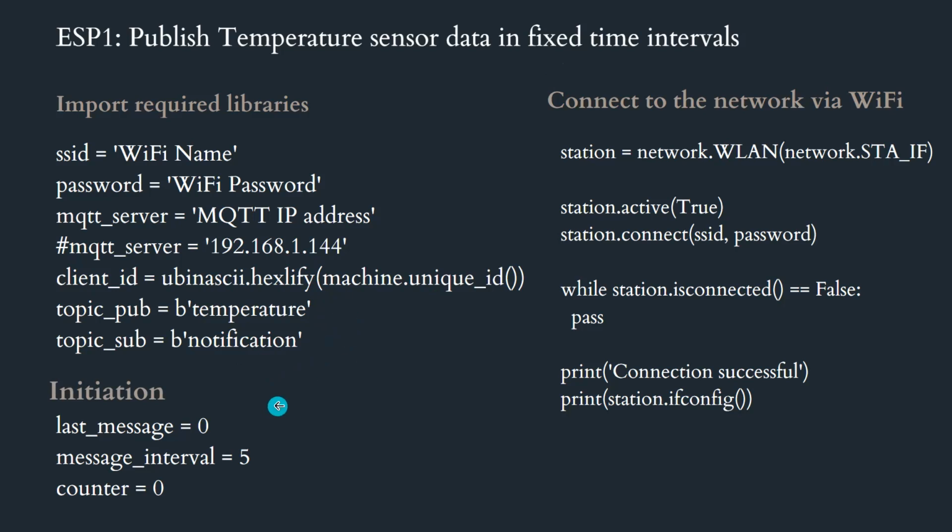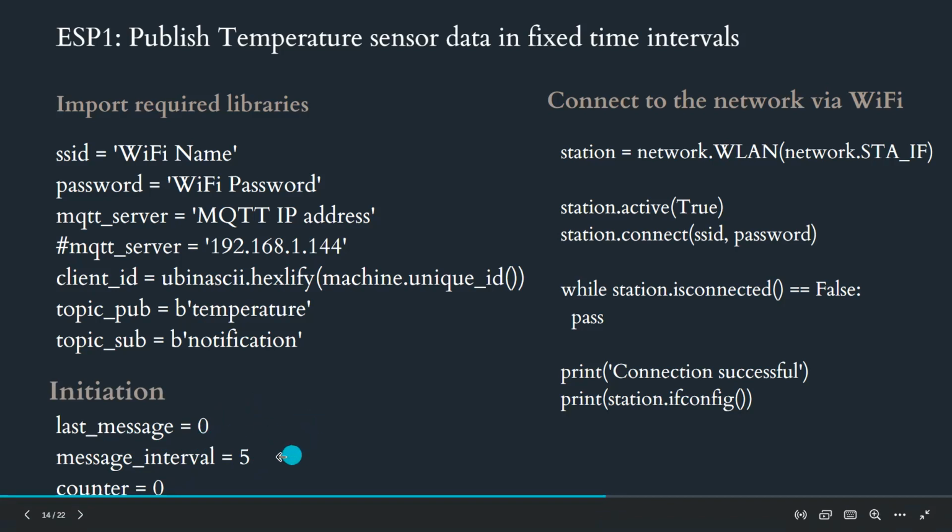Then we have the initiation step. Initiation step means we are initializing some variables, certain parameters defined here. The parameter last message means the time at which the last message was sent to the MQTT broker as the publisher.